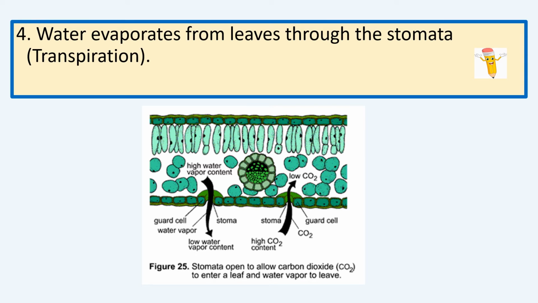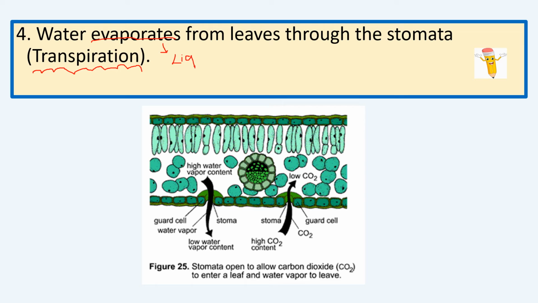So the last stage is water evaporates from the leaf through the stomata, and when water evaporates from the leaf, it is called transpiration. So you need to know the word transpiration. So when water evaporates from the leaf. What is the word evaporate? It's when a liquid changes to a gas.